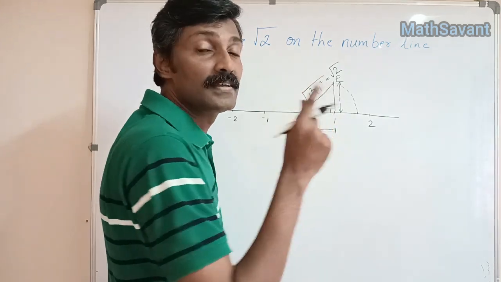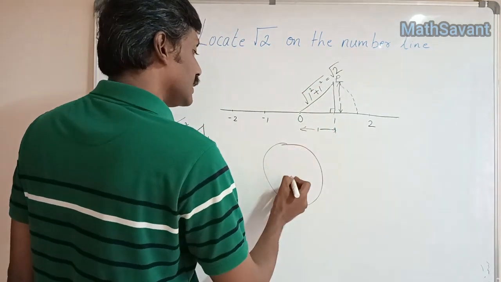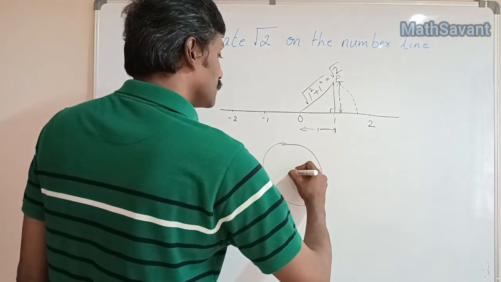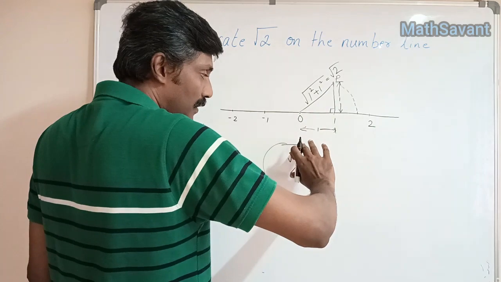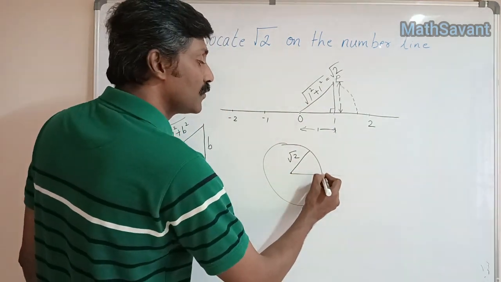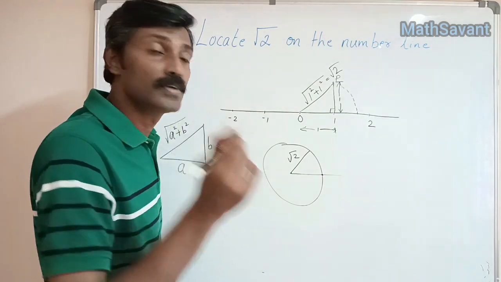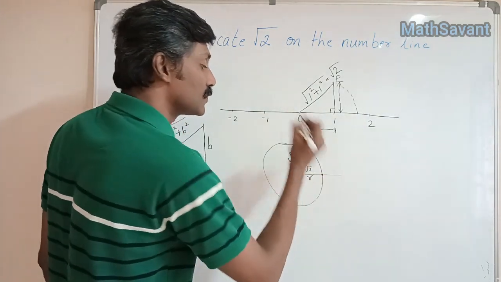So we know that in a circle, if this is the center, and this is the radius, which is square root of 2, and then if you rotate that, the point where it touches the number line also will be root 2. Why? Because this is the radius, this also is the radius.